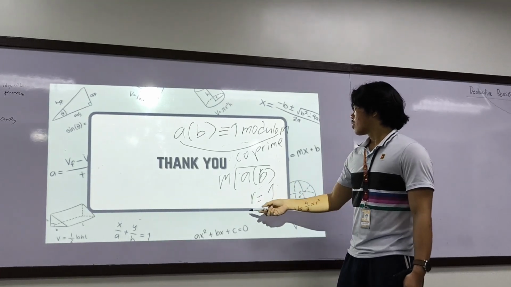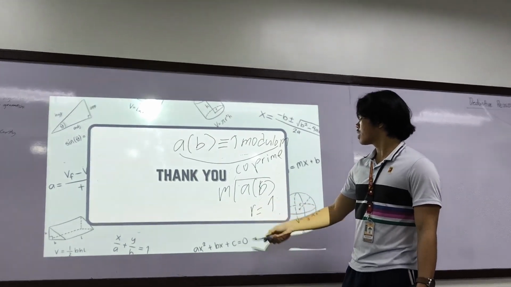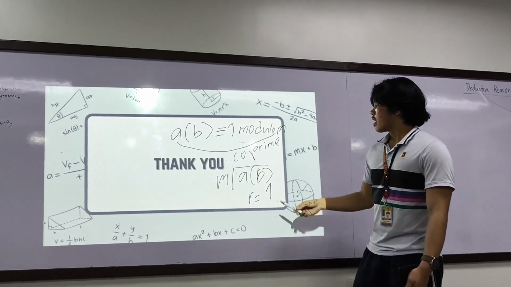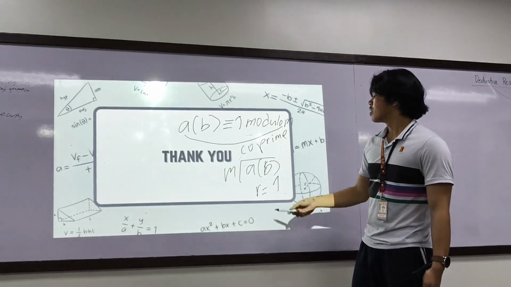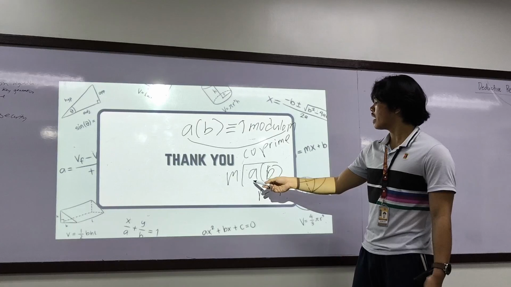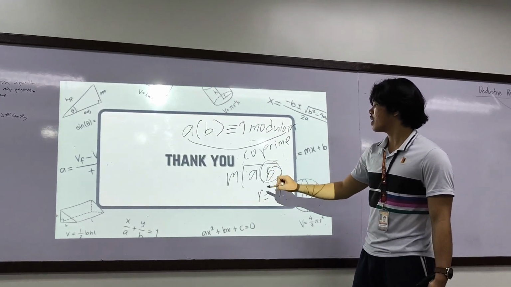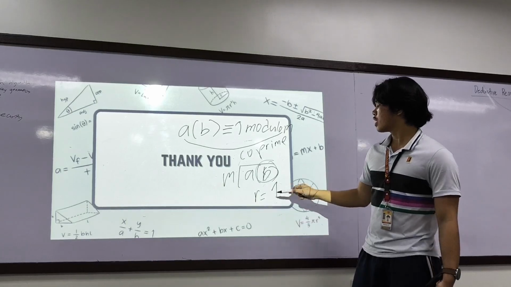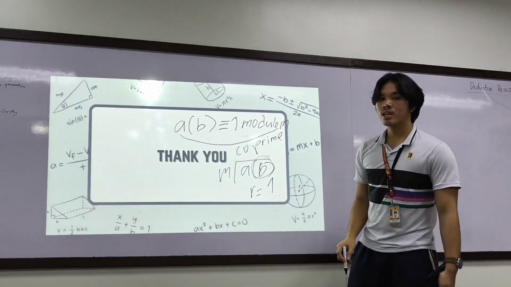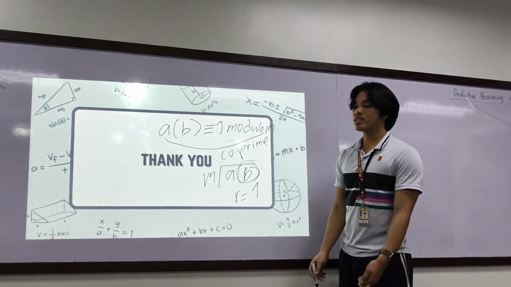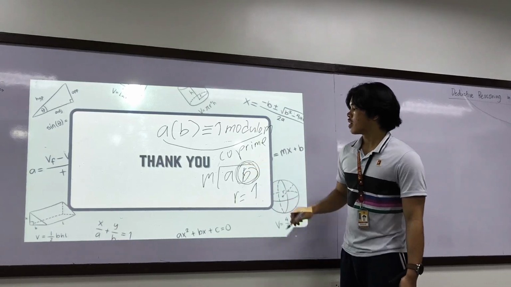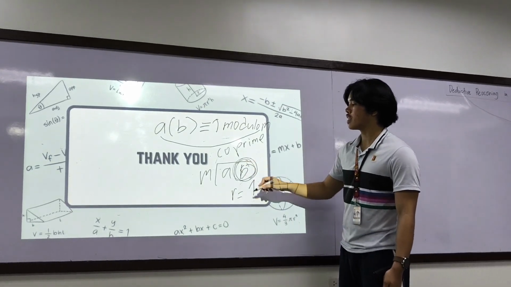So the product of A and B divided by M should equal 1, so that we can declare that B is the multiplicative inverse.